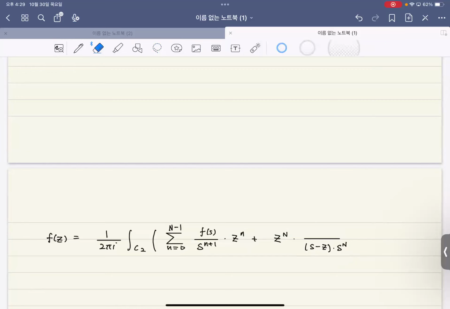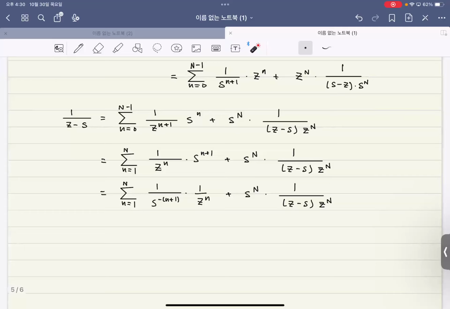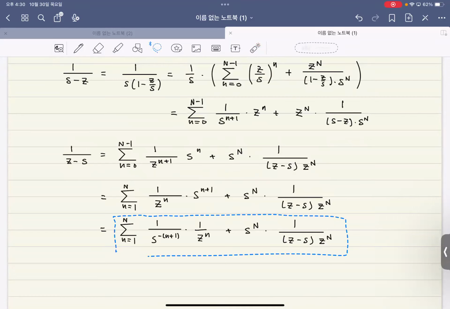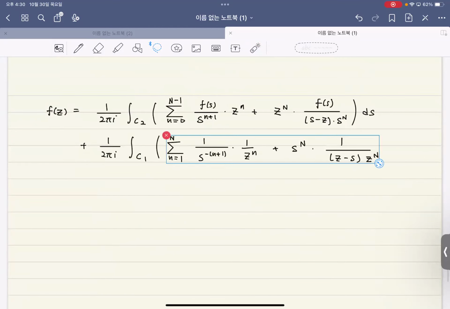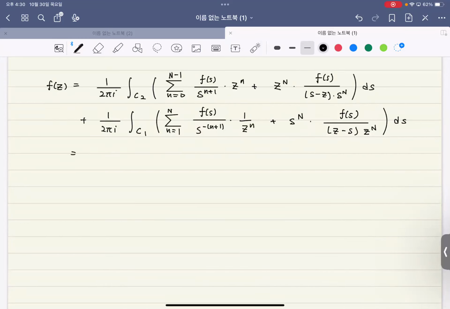The same thing is true for this one. And plus another integral. Okay. Good.